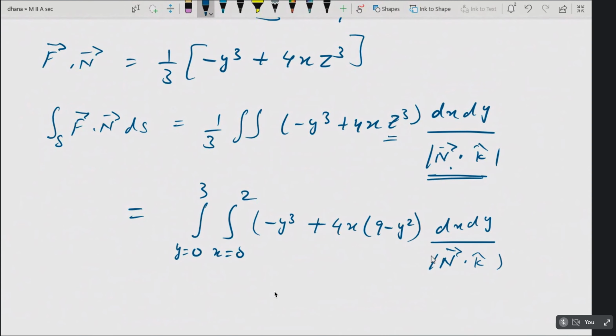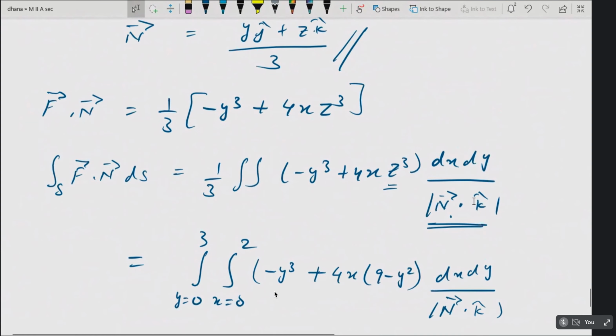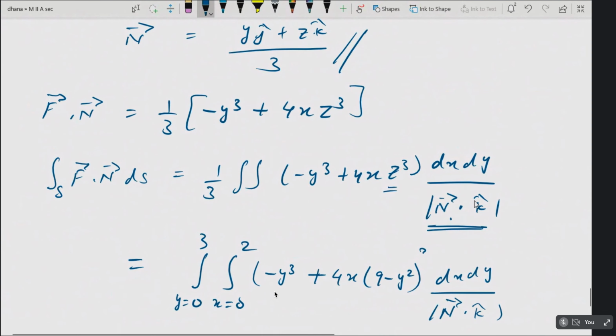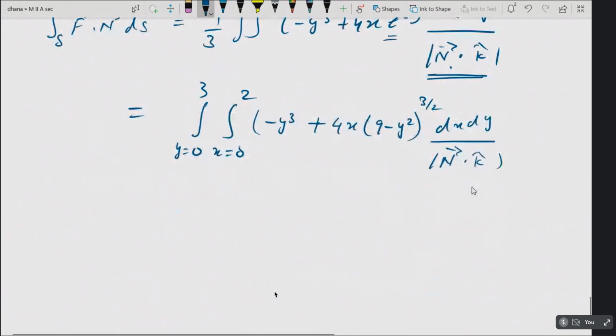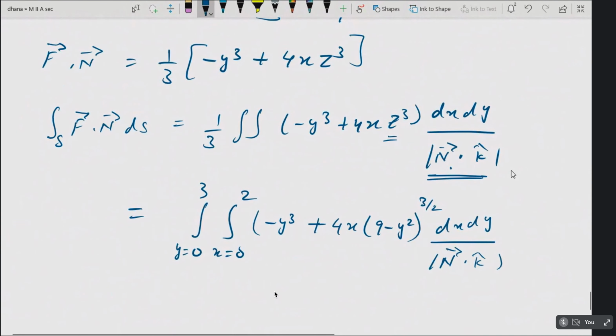Is it so? Z cube is there, not z square. Yes, you correct it, write it, whole to the power 3 by 2. Recheck if I have made any mistake somewhere. We get z in the denominator. When you solve this part, you will get z only, z square you will get.